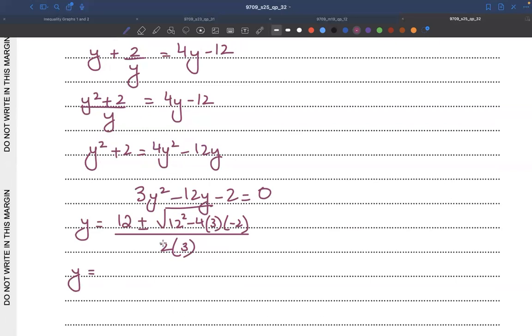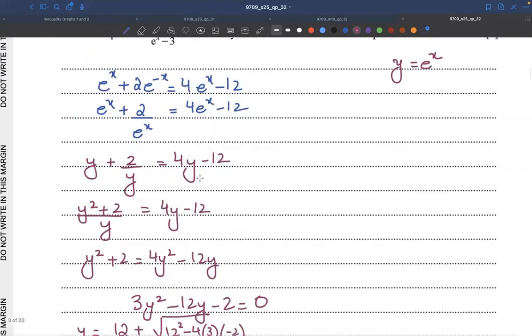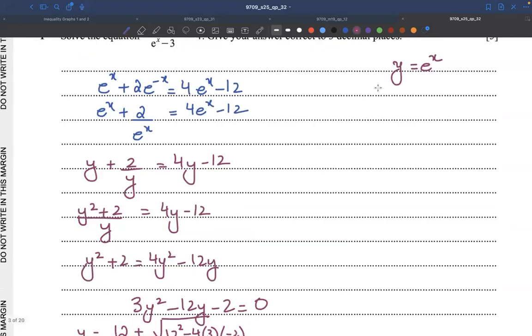So now once we have shown this, we can substitute this into the calculator. So we'll get 144 plus 24, so 12, and then we'll square root the value. We'll get 12.96. So we'll get 12 plus minus 12.96 divided by 6. Now, with y = e^x, y has to be a positive value.